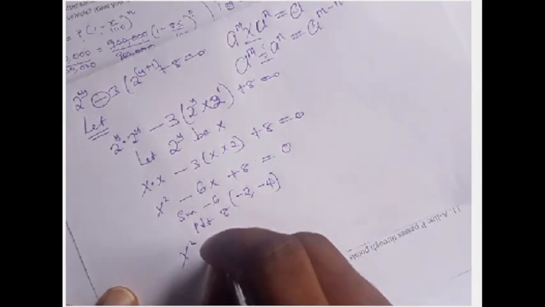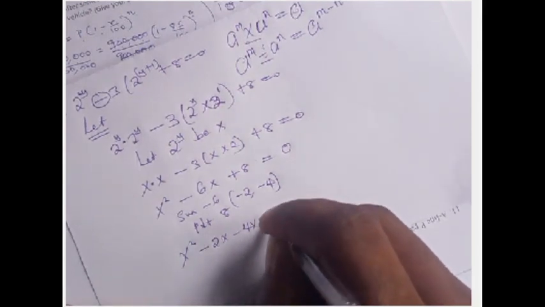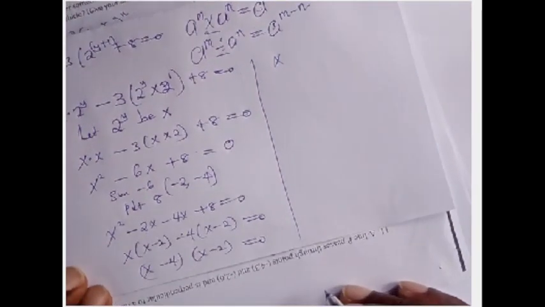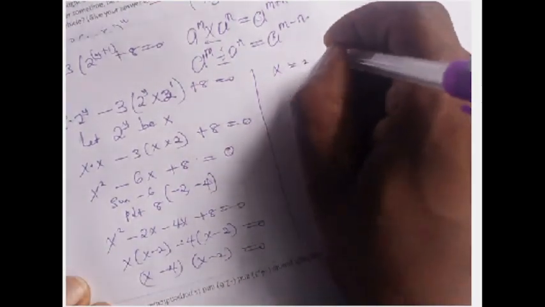And x squared, we want to factorize, minus 2x minus 4x, then plus 8 equals to 0, x into x minus 2 minus 4 into x minus 2 is equals to 0, x minus 4, x minus 2 is equals to 0, and then now x is equals to 2, x is equals to 4.